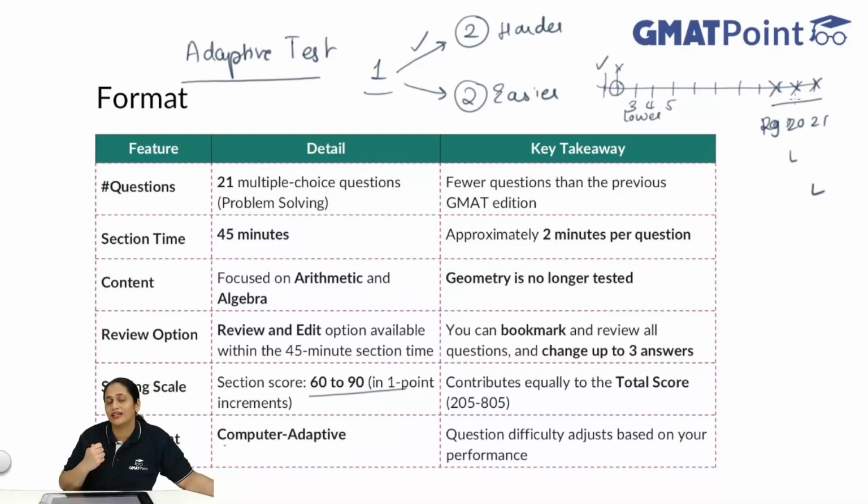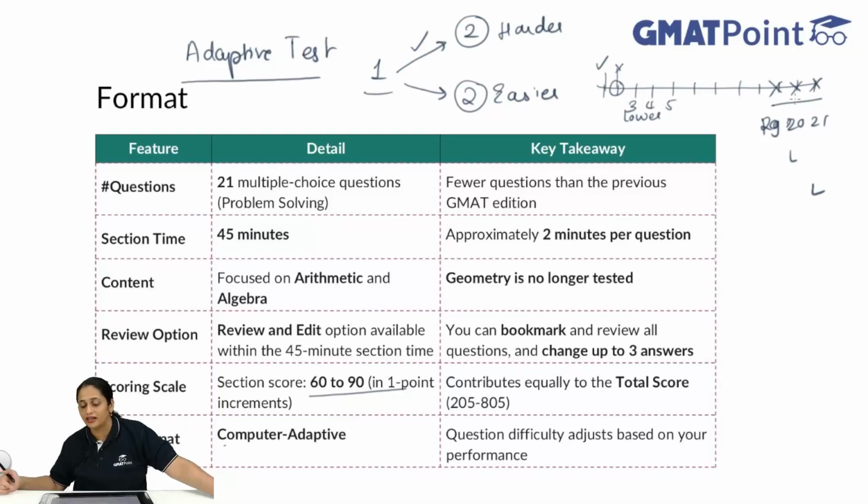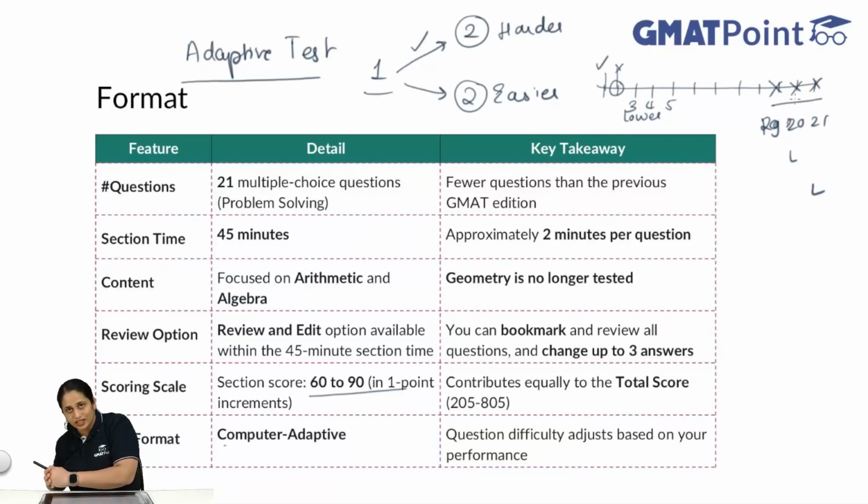So that has a huge compounded effect on your score. So always remember, you have to solve all 21 questions. You cannot leave any questions unattempted at the end, because that will have a considerable negative impact. It would essentially be that you have answered one question incorrectly, then an easier question incorrectly, then another even easier question incorrectly.